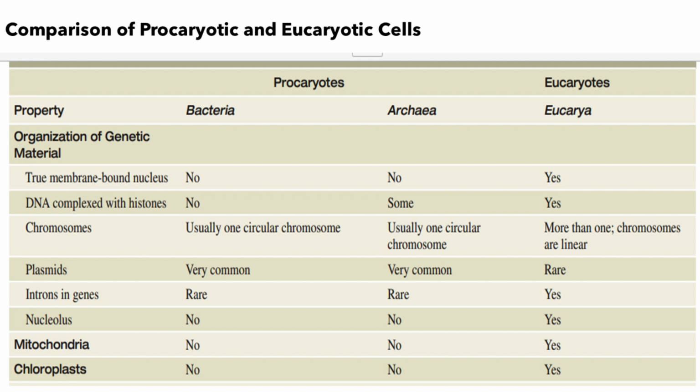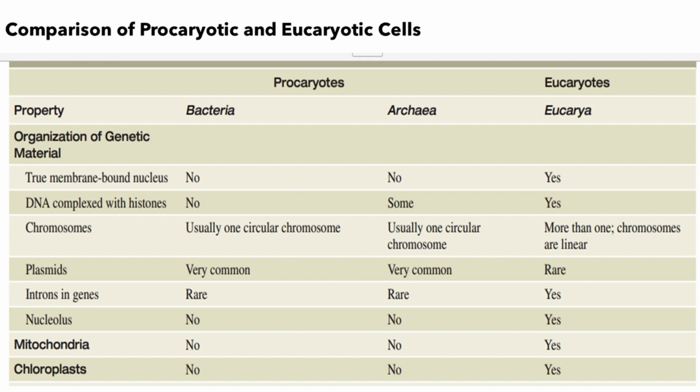Introns in genes. Rare in both bacteria and archaea, but present in eukarya. Nucleus. Absent in bacteria and archaea, present in eukarya. Mitochondria. Absent in bacteria and archaea, present in eukarya. Chloroplasts.